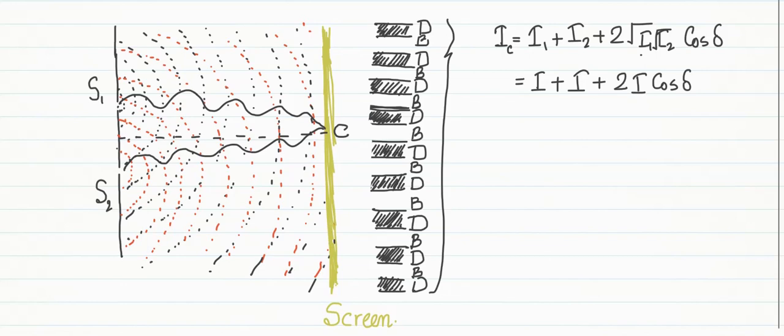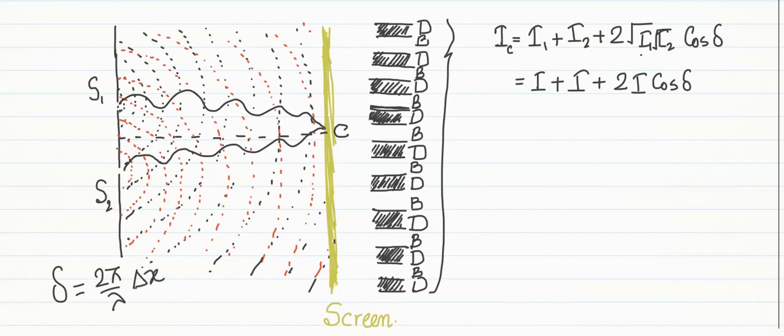Now what is del? Del is the phase difference between the two interfering waves coming out from S1 and S2 when they merge at the point C. They have no path difference, and the relation is that the phase difference del equals 2 pi divided by lambda multiplied by the path difference.